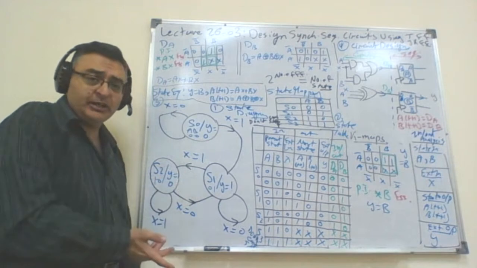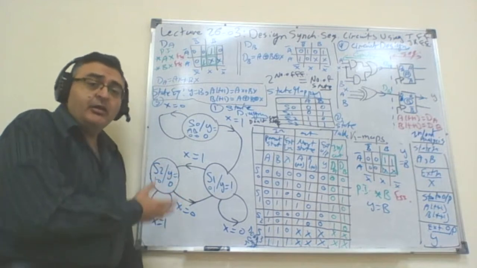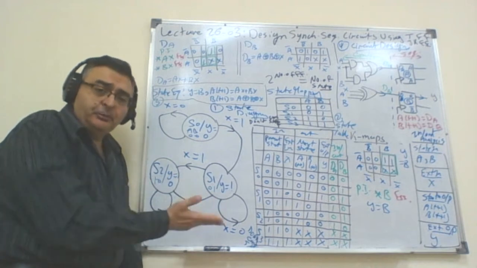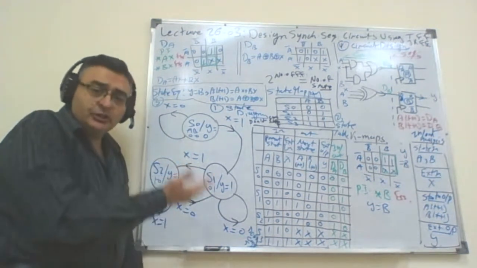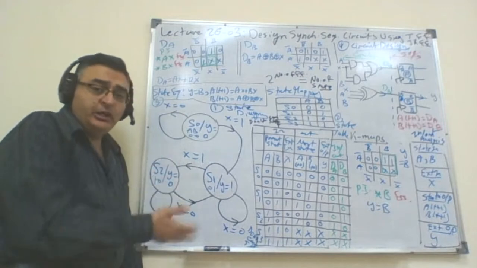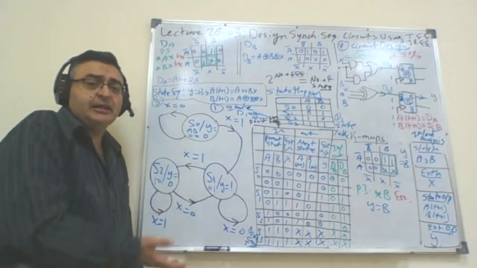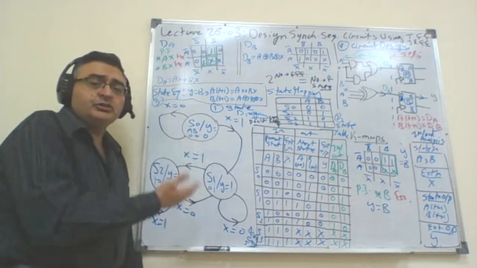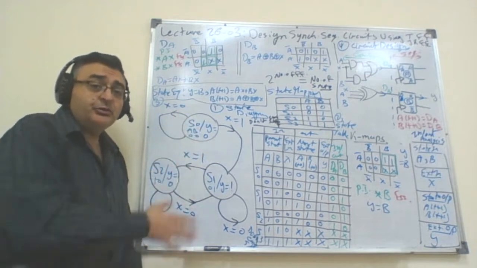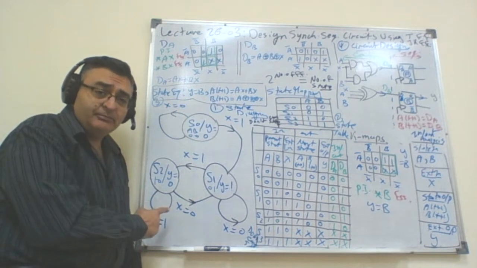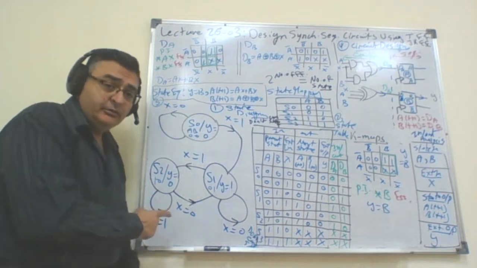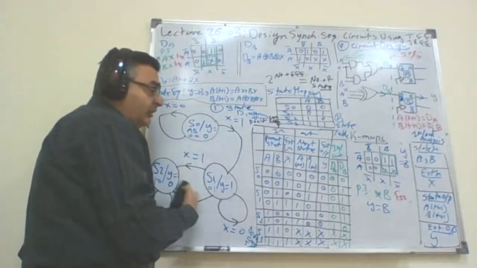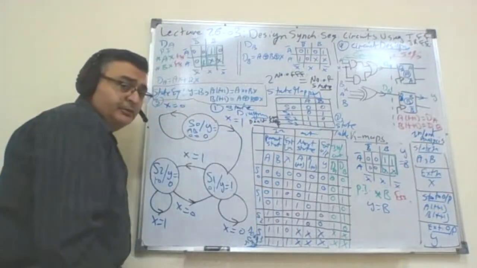The state diagram describes the behavior of the circuit, the relationship between the inputs and the outputs, external inputs, external outputs, even the internal state outputs, how many states I have, and how to transition from one state to the other. So nothing is changing in the state diagram. Accordingly, the state table that we derive from the state diagram will remain the same.